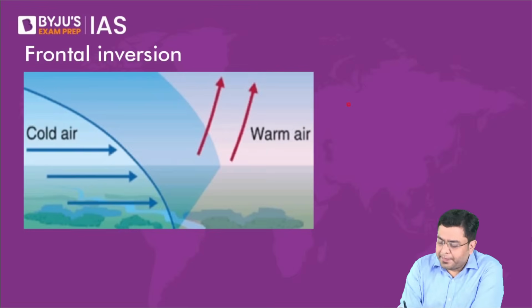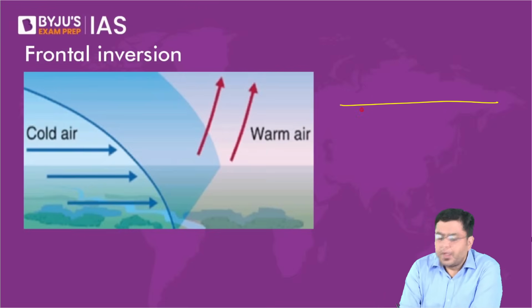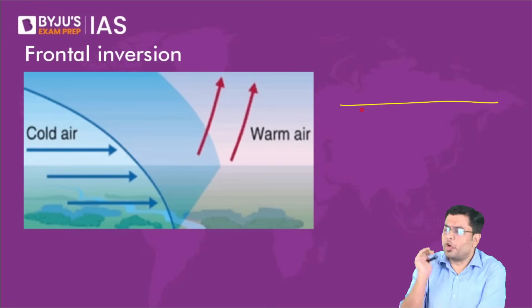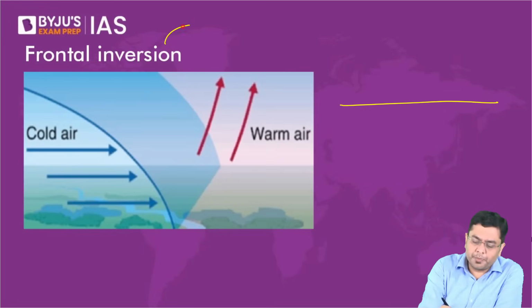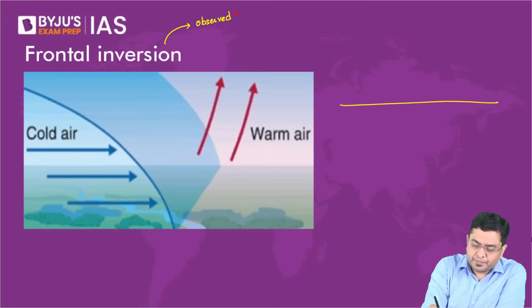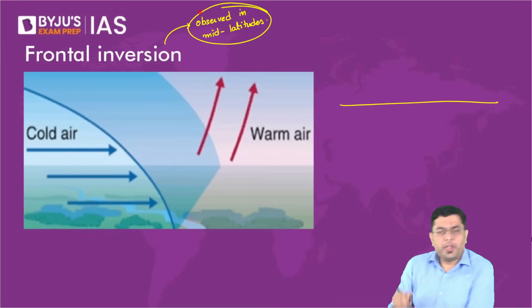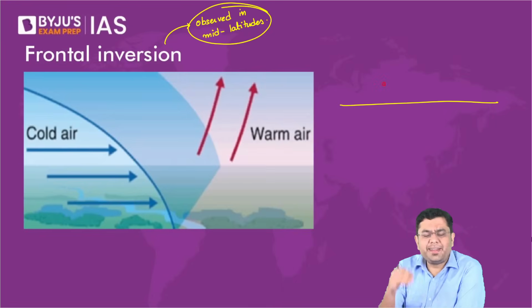So here, let's suppose we have a region, especially this is again something not observed in India. This is observed in mid latitudes. Mid latitudes basically means around 40 to 60 degrees latitude.